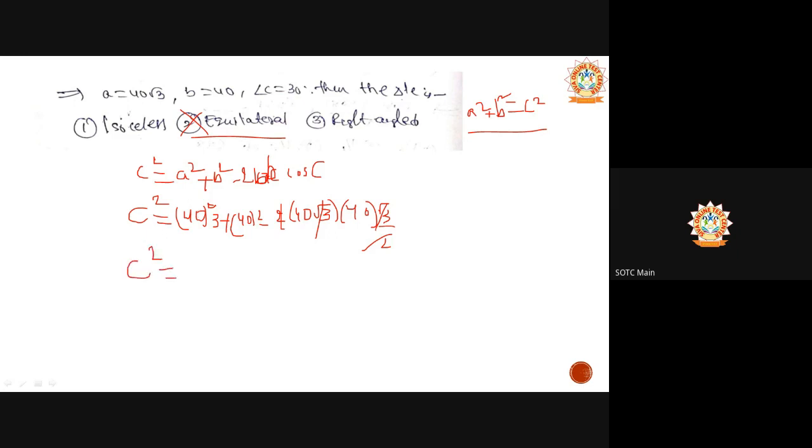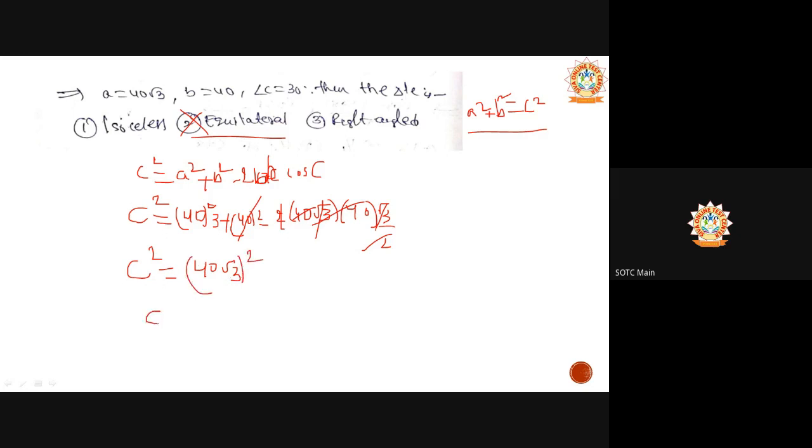40 square. You can see plus 40 square minus 40 square will get cancelled. This is 40 into 40, right? These two will get cancelled. So 40 square into 3, you just have. Whole square, we can write this.